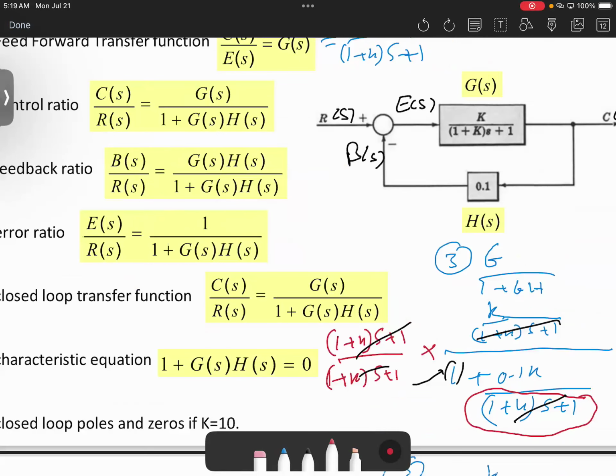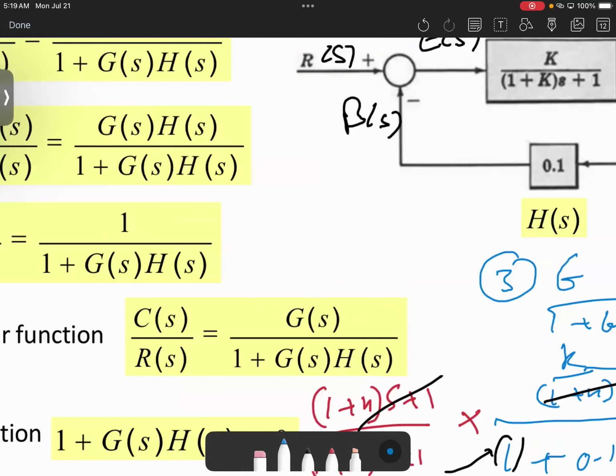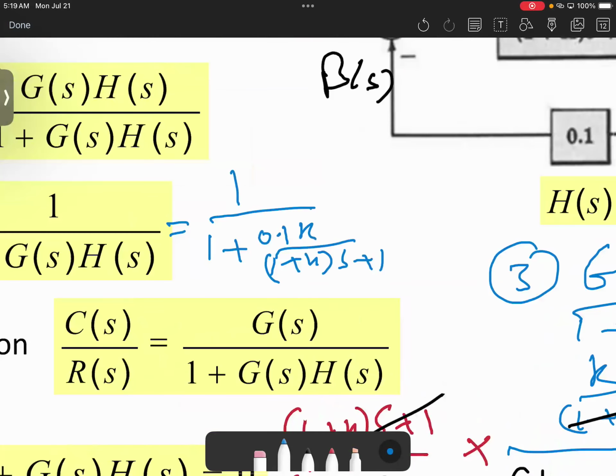Now the next thing is, how can I substitute it? Let's substitute 1 divided by 1 plus GH, which is 0.1 K over 1 plus K times S plus 1. So what should I do to simplify it? What do you think? Multiply by 1 plus K times S plus 1 divided by 1 plus K times S plus 1.